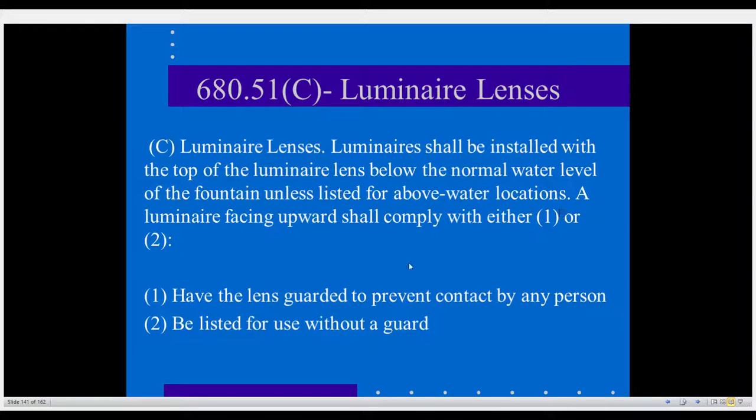So I can have a luminaire that's facing upwards, but it has to be a lens guarded to prevent contact by any person, or be listed for use without a guard. So if I want to face up, I've got to meet 1 or 2 here. Otherwise, I put one in the sidewall, or I put one that's listed for above the water, or I put one in the water that's not face up, but maybe at an angle, 45 degrees or whatnot. Anyway, I'm looking for a luminaire that's listed for this environment.